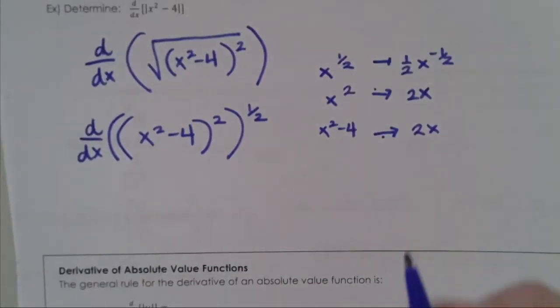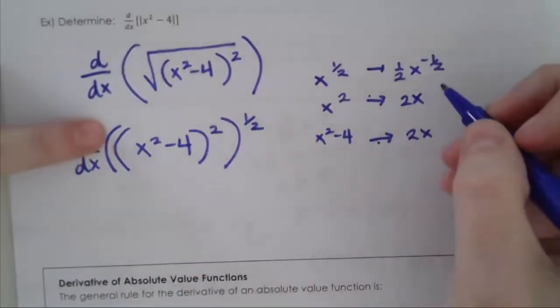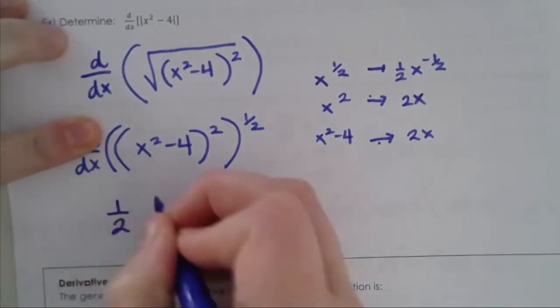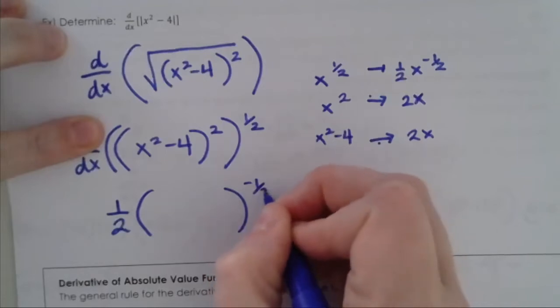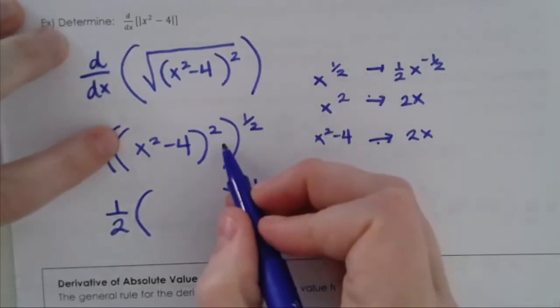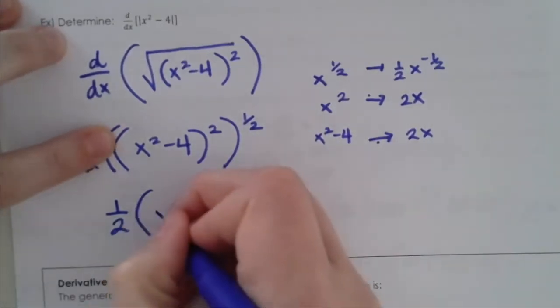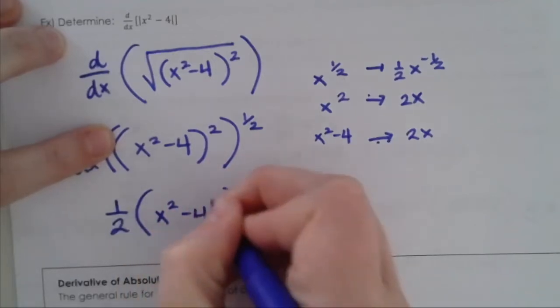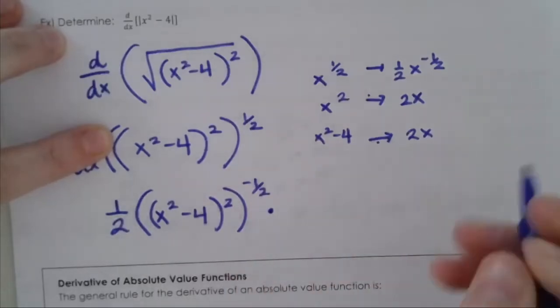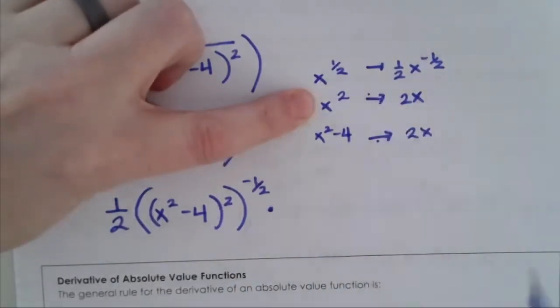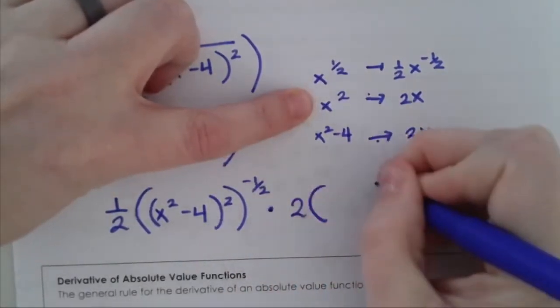So the very first outside layer derivative is 1/2 times something to the power of -1/2. Well, the thing that's inside of the very outside thing is (x squared minus 4) all squared. Times, go one more layer down. Now we're at x squared. So that's 2 times something.